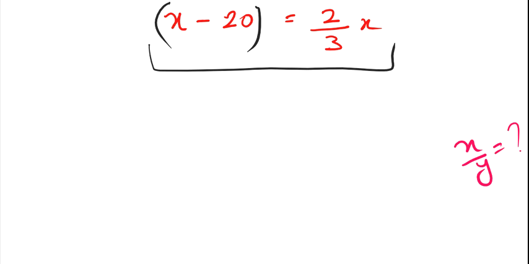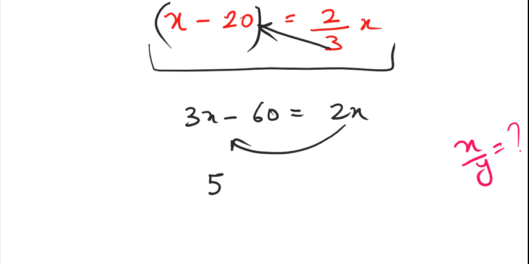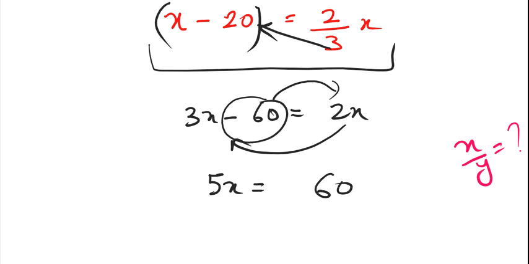So what you need to do is cross multiply. 3 will multiply with the whole part, and it will become 3x plus 60 equals 2x. Now 2x will come here, 5x equals to minus 60 will go there, it will become 60. Clear? There is one small error. 3x minus 2x will become x, and minus 60 will go there and become positive 60.